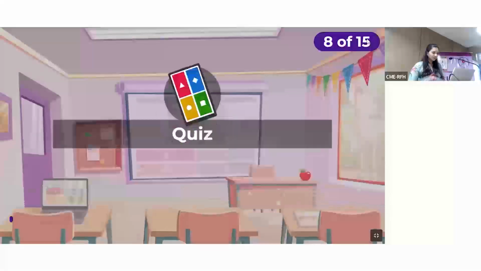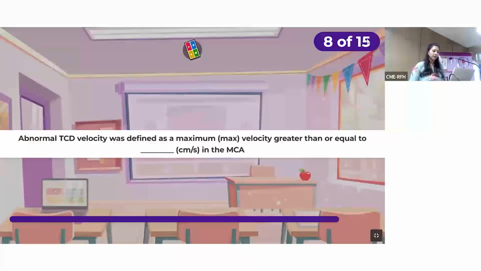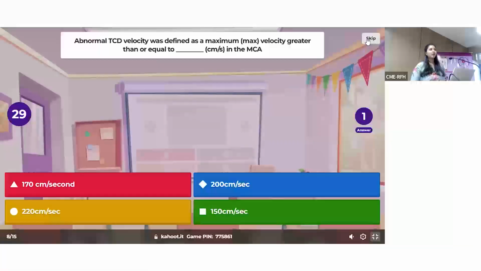So next question. Abnormal TCD velocity was defined as a maximum velocity greater than or equal to dash centimeter per second in the MCA. I'm sure everybody would get this right. We've just had this lecture.